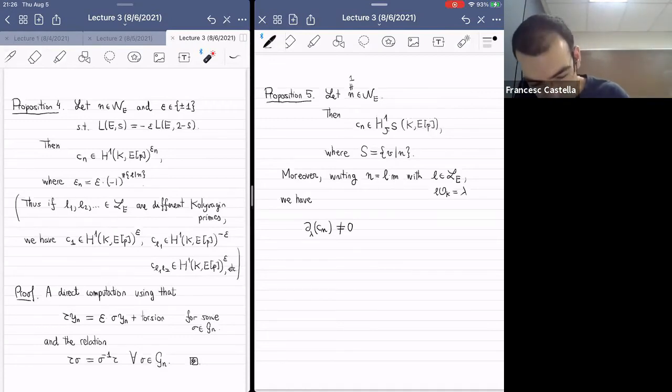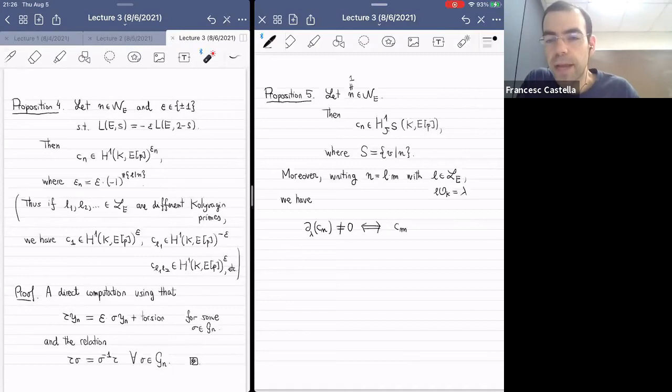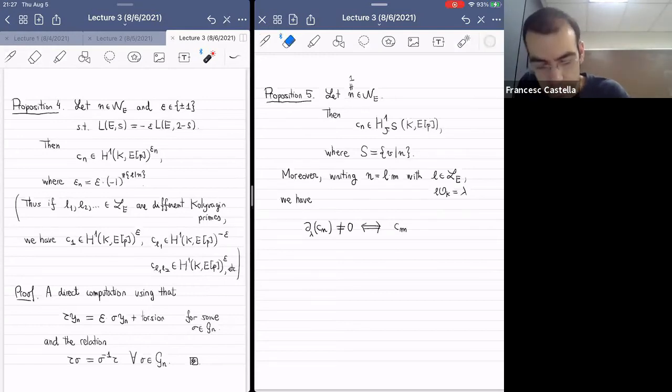Okay, so this is going to be non-zero if and only if the class Cm, which now at the prime lambda is finite, okay, because L doesn't divide M. Sorry, I forgot to add that. It's implicit because n is a square free product, but let me add it.